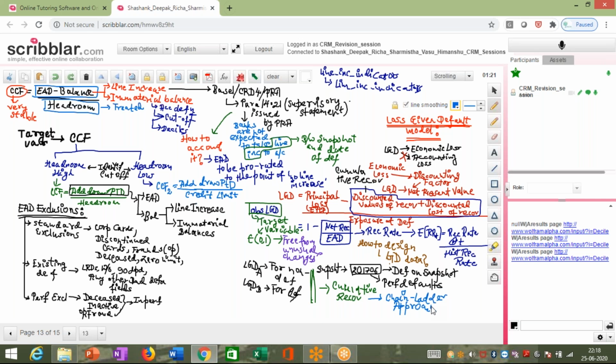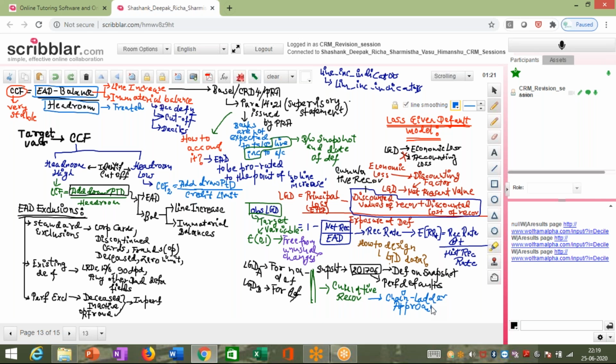So there are two questions next. Number one is that when we are developing the data for LGDA and LGDB, what does that data look like? And the second is, when I'm trying to calculate the cumulative recovery, how does the chain ladder approach help me calculate it?